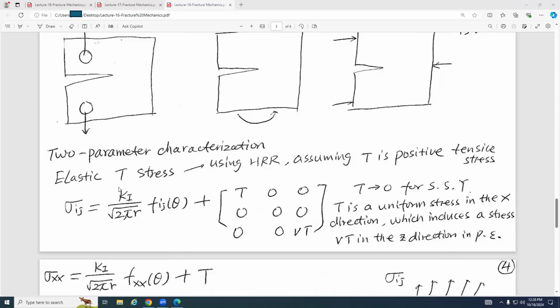You can see, this is what we have learned: K_I divided by square root of 2 pi r, f_ij of theta. r is the distance between the crack tip and the point of interest, and theta is the orientation of this point relative to the crack tip. Now, in addition to K_I, we also need T. So this tensor is a 3x3, and we have T here.